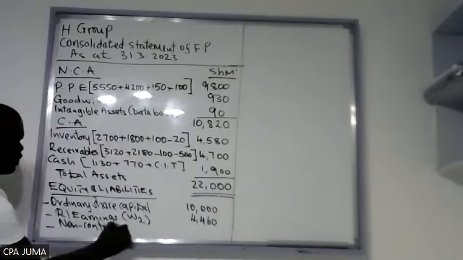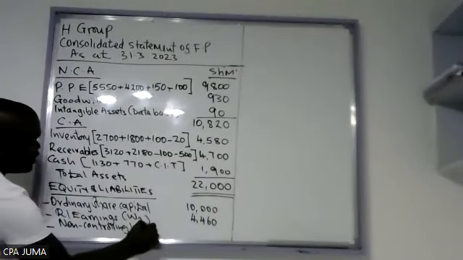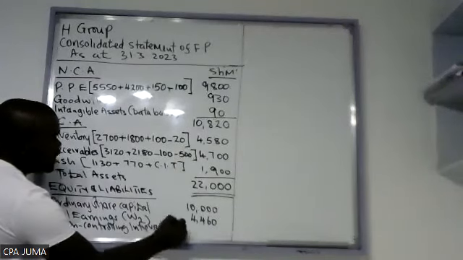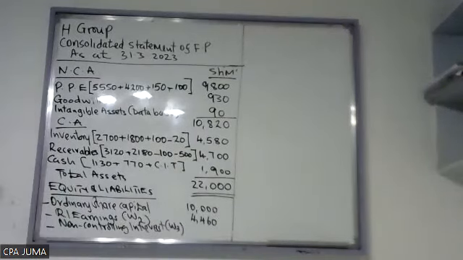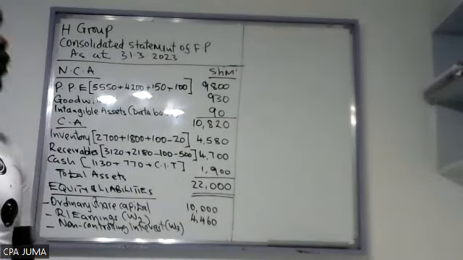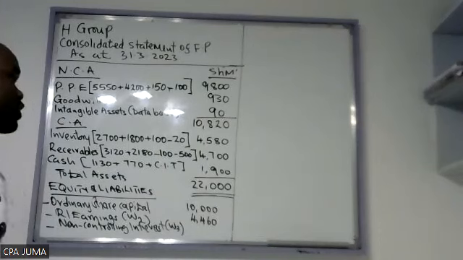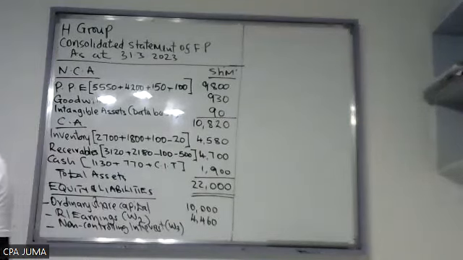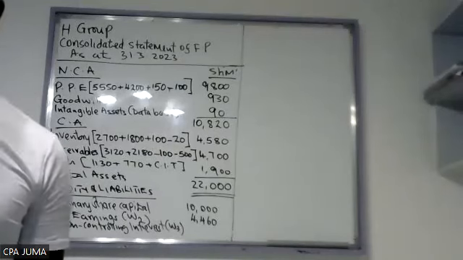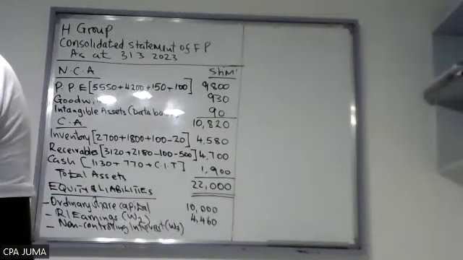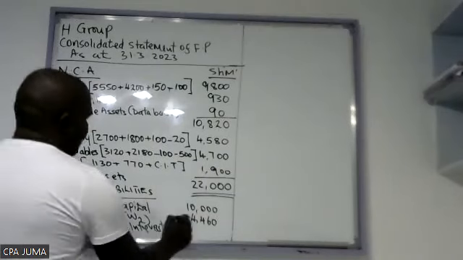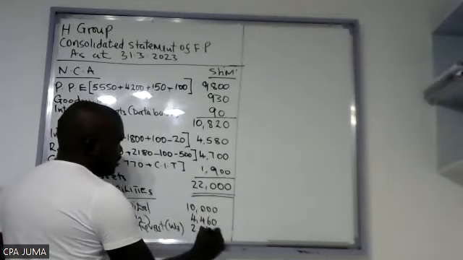Non-controlling interest, working 3. What did we get for non-controlling interest? We got a figure of 20.40.